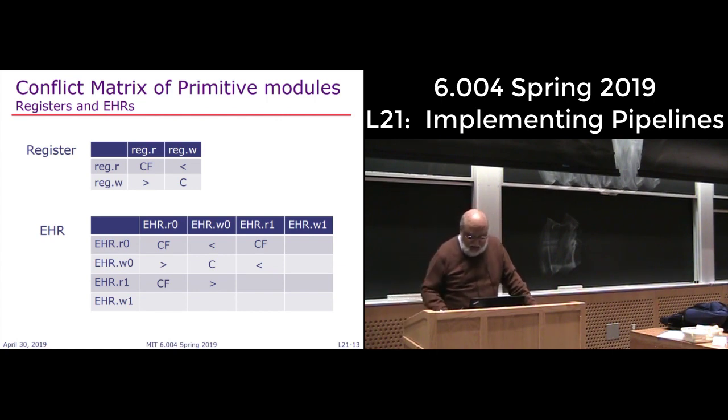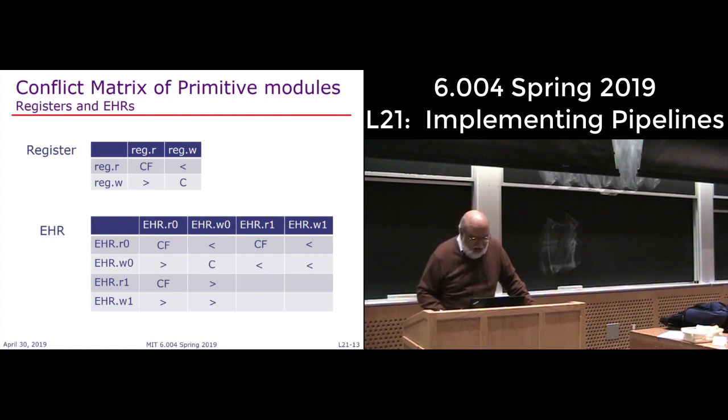Now let's look at the entries on W1. W0 comes before W1 because that's how the circuit was in this case. If both of them were going in, then W1 will dominate W0. Similarly, you can see that W1 will come after read 1, because that's what you wanted here.